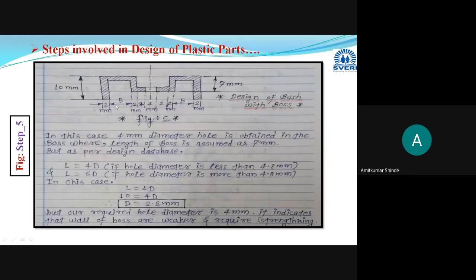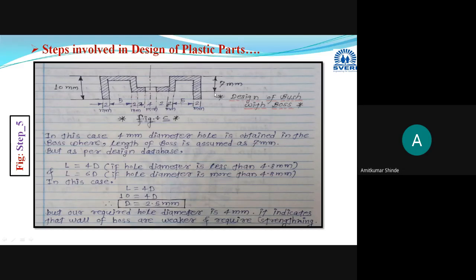It will be modified like this. Now how is it modified? Here we have considered the dimensions of the boss. Here we have considered its height. Instead of taking the height 10 millimeter, we have considered it as 7 millimeter.